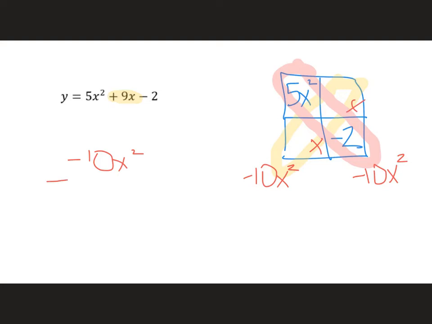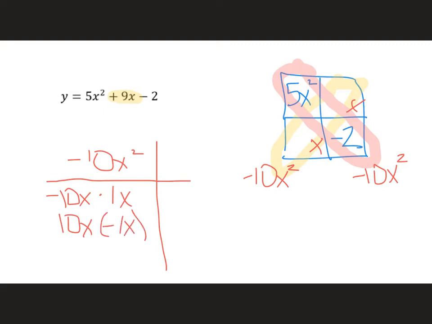So I'm going to list out some factors of negative 10x squared. Since it's negative, one has to be negative and one has to be positive. So let's start with negative 10x and positive 1x. That would be negative 10x squared if I multiplied them back together. I could also invert those signs, so I could have positive 10x and negative 1x, which would still be negative 10x squared.